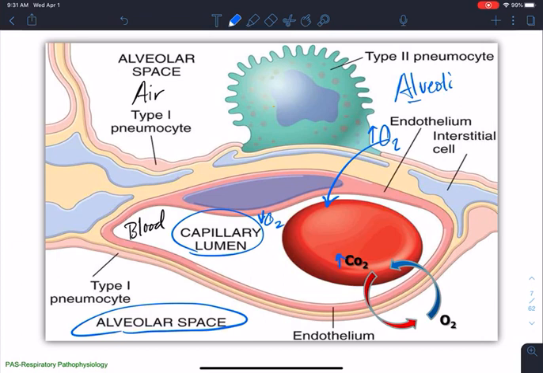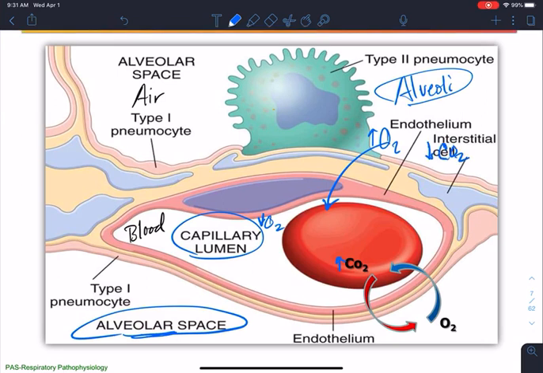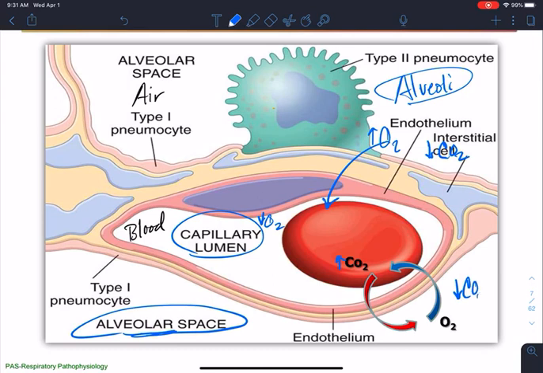And CO2 will be low in the alveolar spaces. So CO2 flows from high to low concentration, and that brings CO2 out, oxygen going in, and that's how we get oxygen into our blood.